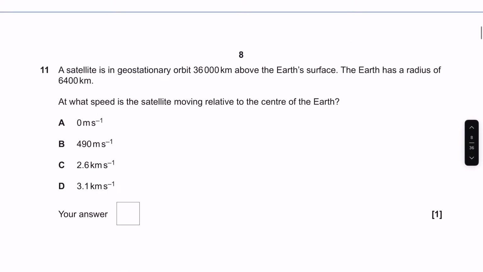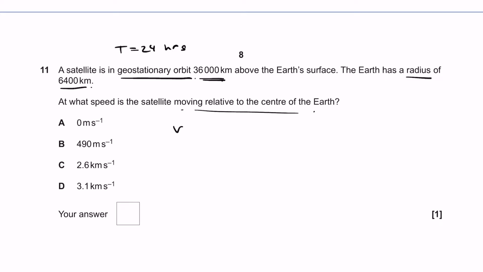Question number 11. A satellite is in geostationary orbit. Okay, so time period, as we know, is 24 hours, just in case. Above 36,000 kilometers above the Earth's surface, and the radius of the Earth is 6,400 kilometers. At what speed is the satellite moving relative to Earth? So we know that V equals 2 pi r over t.